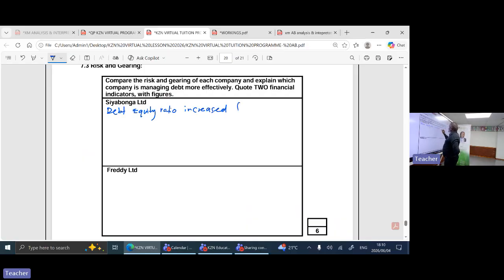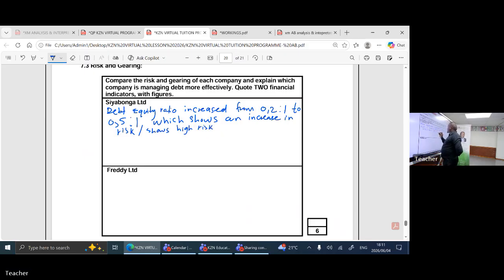So it increased from 0.2 to 1 to 0.5 to 1, which shows an increase in risk. Or you can mention straight up that it shows high risk, because it is clearly at 0.5.